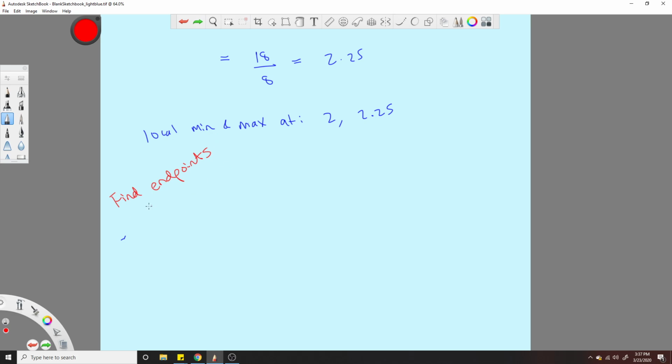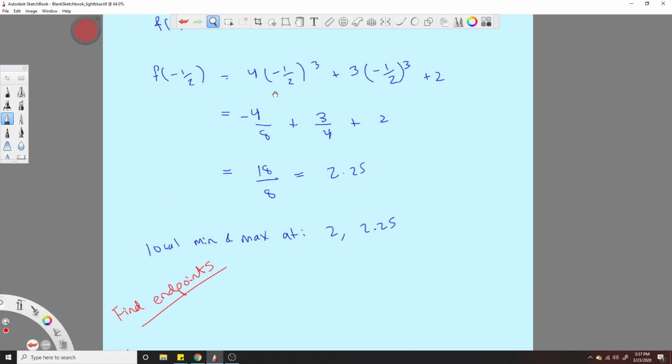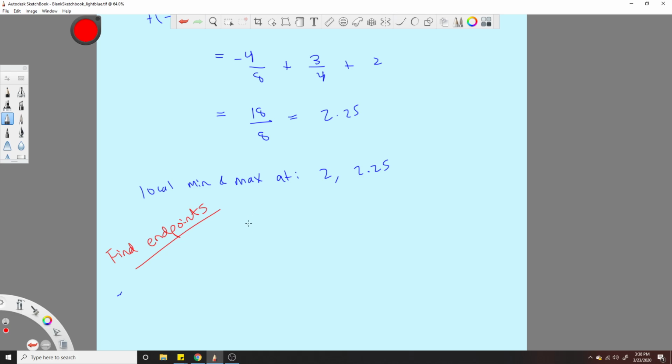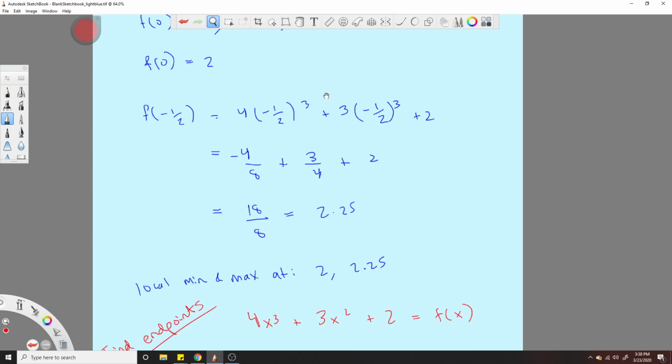The way we find the endpoints is we'll again take our original function. I'm going to write it again. I'll put the f of x equals over here. So we will plug in the very last points on the interval.